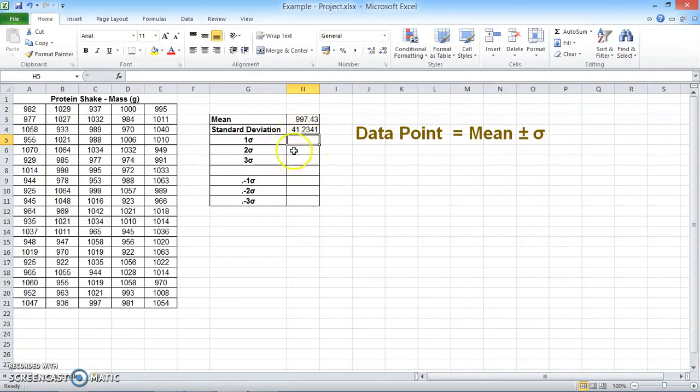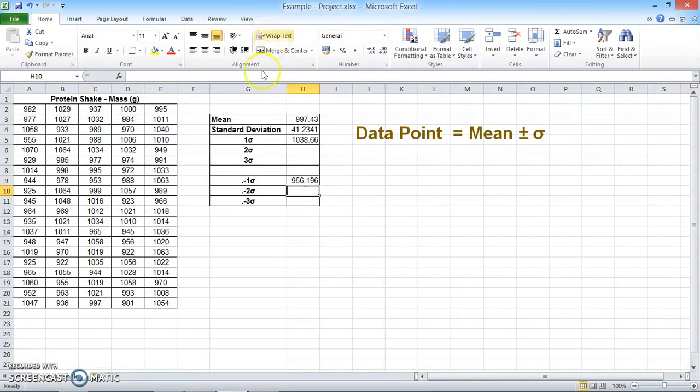So let's calculate the data point for your first standard deviation on either side. It is equal to your mean plus your standard deviation. The first point is 1038 on the right hand side of your curve, and on the left hand side it will be equal to your mean minus your standard deviation.